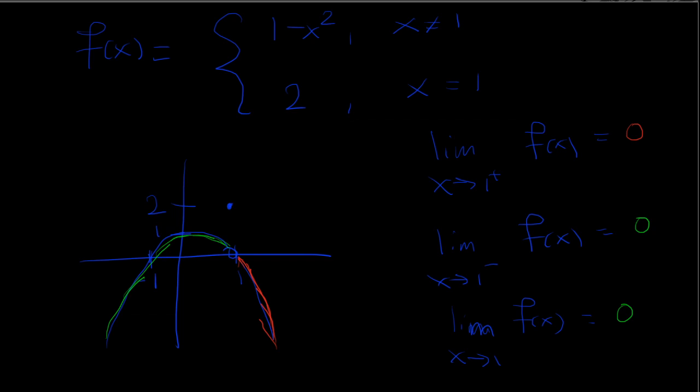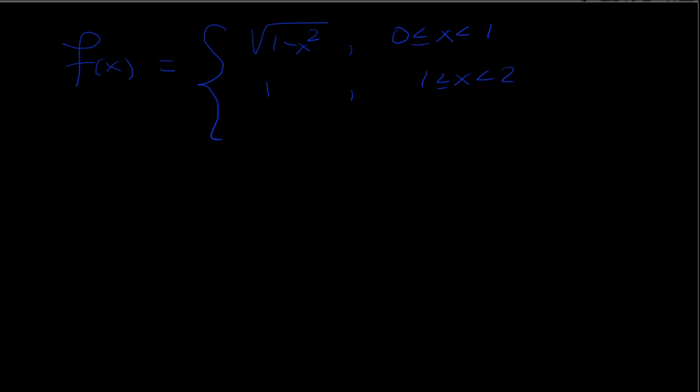Okay, let's do another one. Let's say I have f of x now be square root 1 minus x squared, 1, and 2.